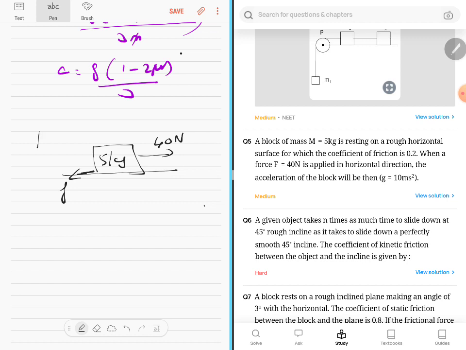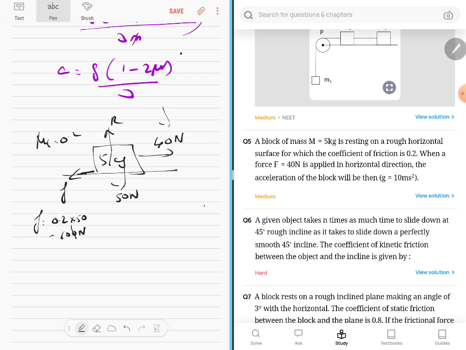The coefficient of friction mu k is equal to 0.2, and you know that the weight is 50 Newton and there will be normal reaction, and frictional force itself is mu into normal reaction, 0.2 into 50, which is 10 Newton is the frictional force.